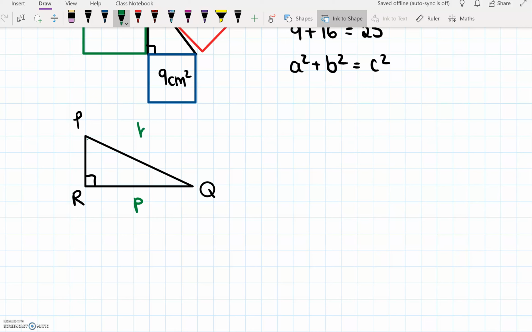We're going to write it on there. This is the hypotenuse. You can see it's the longest side. You can see also that it's opposite the right angle.